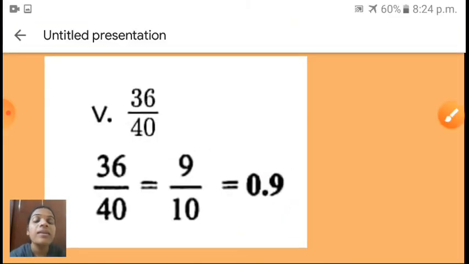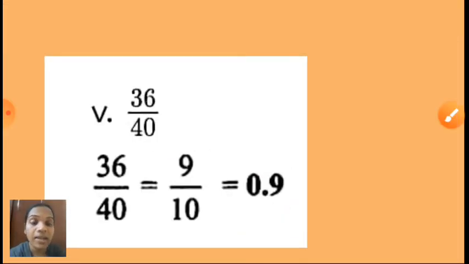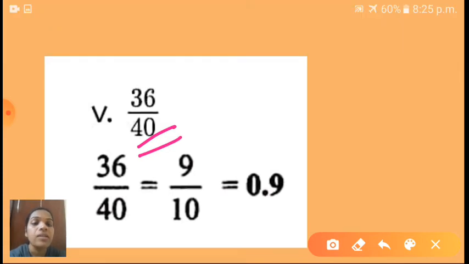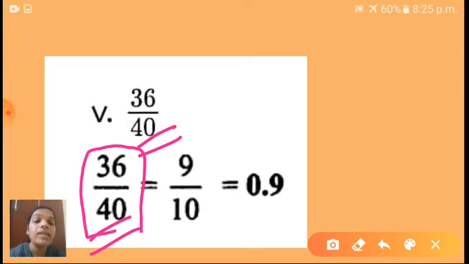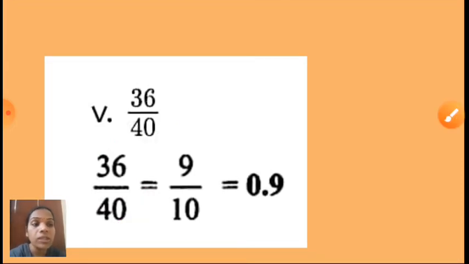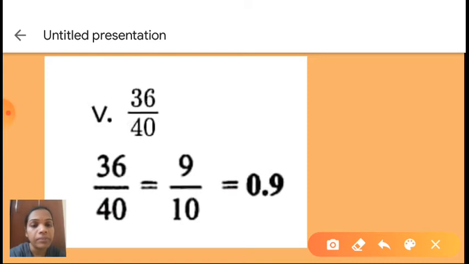Yes. So children, the fourth question again, that is your homework. Okay, that same question I will give for your assignment also. Okay children, so 36 upon 40. See here, this 36 upon 40, we can simplify. So 36 and 40, these two numbers will come in which table children? Yes, the fourth table.